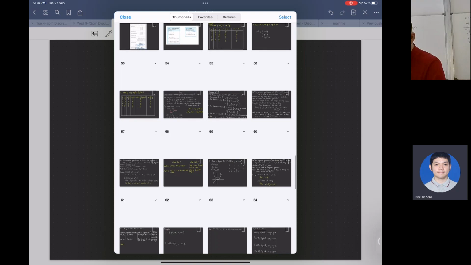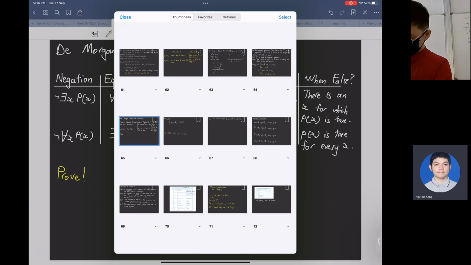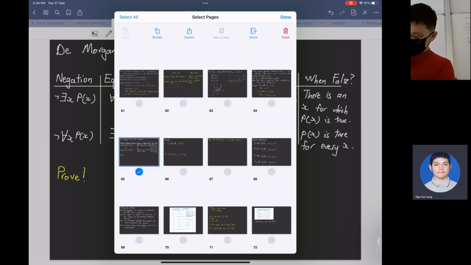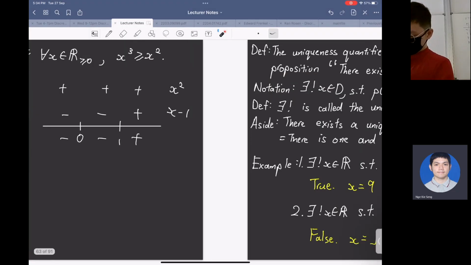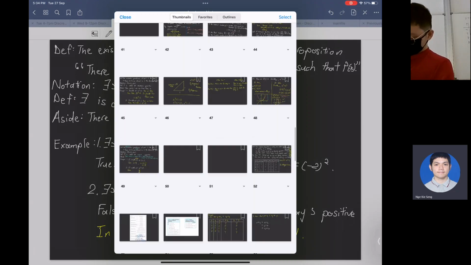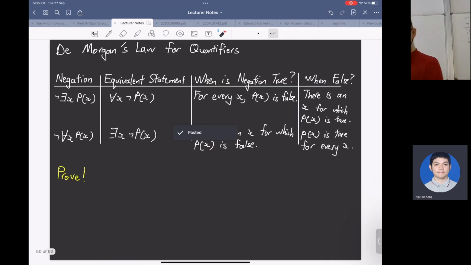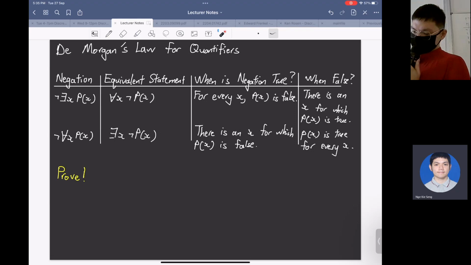So we can also have De Morgan's law, right? There's De Morgan's law for quantifiers as well. If you negate the existence, you need to show that for every x, not P(x).